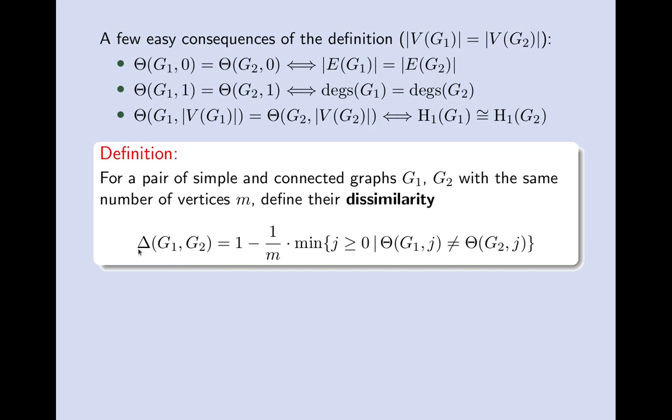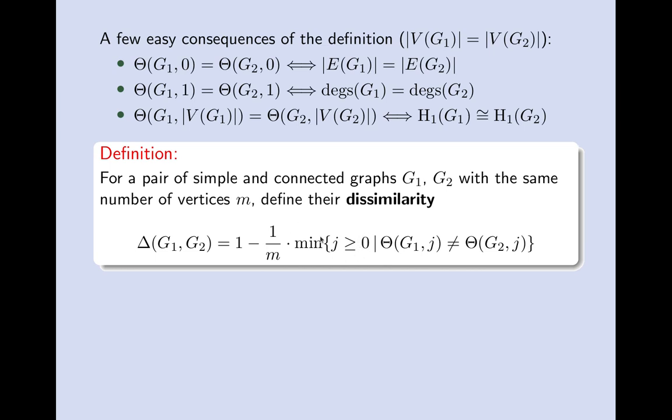Now we can define this delta of G1, G2 for a pair of simple and connected graphs with the same number of vertices as 1 minus 1 over m times the minimum level j such that the theta invariants do not coincide. So as a simple example, if the two graphs have a different number of edges, then this minimum will be 0 and the dissimilarity is 1.